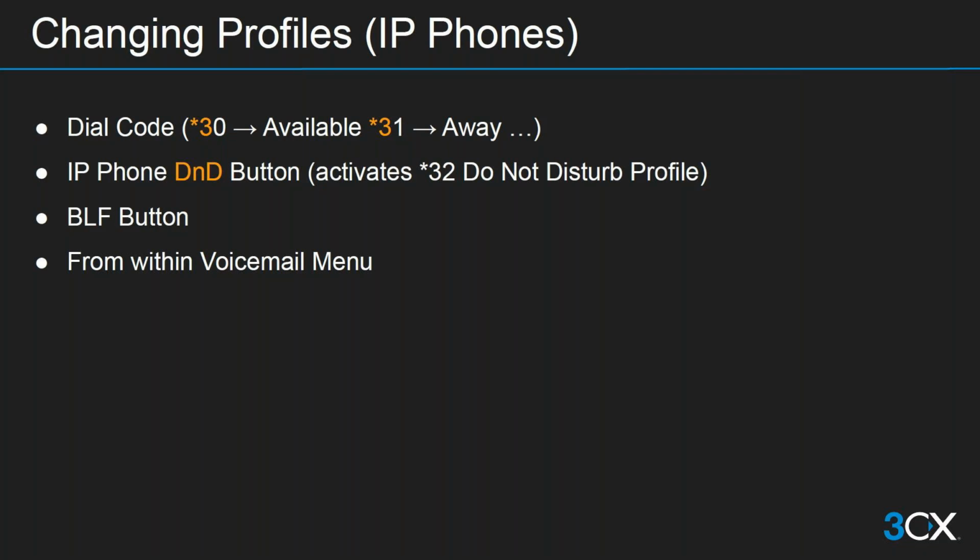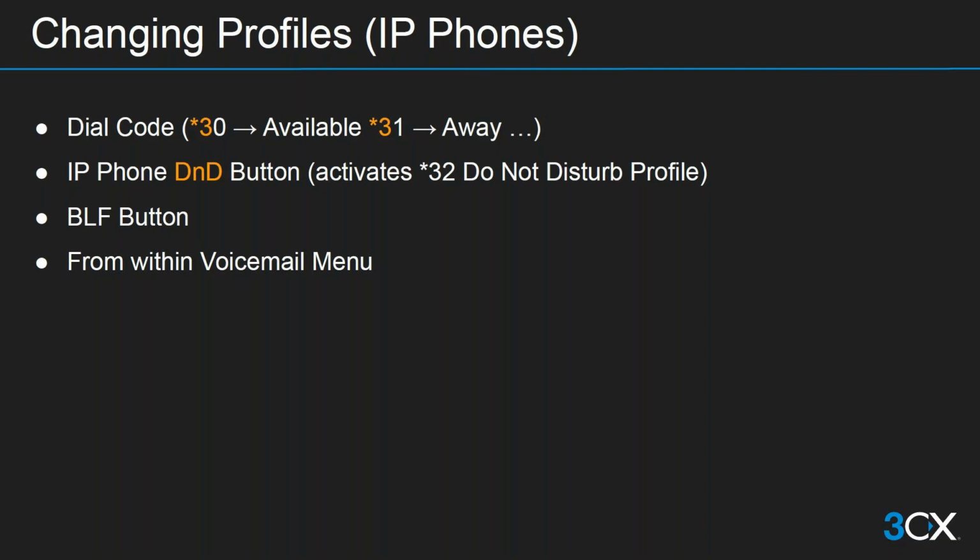However, on an IP phone, you cannot see the status of another extension using BLF keys. BLF keys solely show you the call status of that extension. So if the extension is free, call setup, or in a call, but you cannot see via BLF key if the extension is available, on away, on do not disturb, on custom 1 or custom 2.